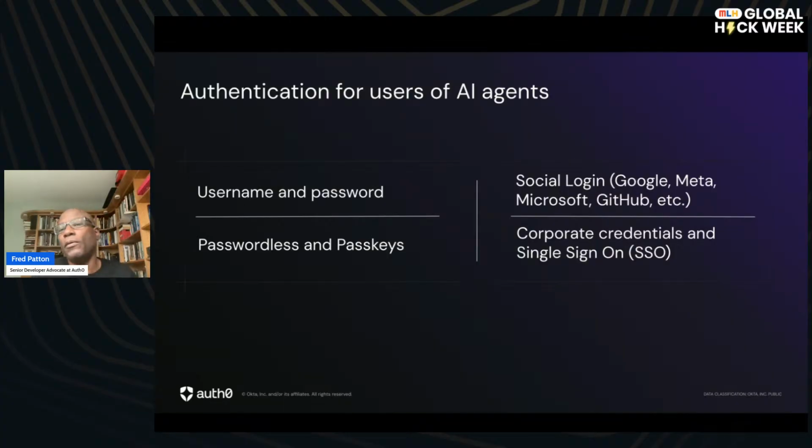So the same type of wide range, and these are just a few of the ways of authenticating users that are available. It could be username and password, which you probably don't want, because if you're going to be focused on giving tool use, you'll probably want a social login or corporate SSO type thing.